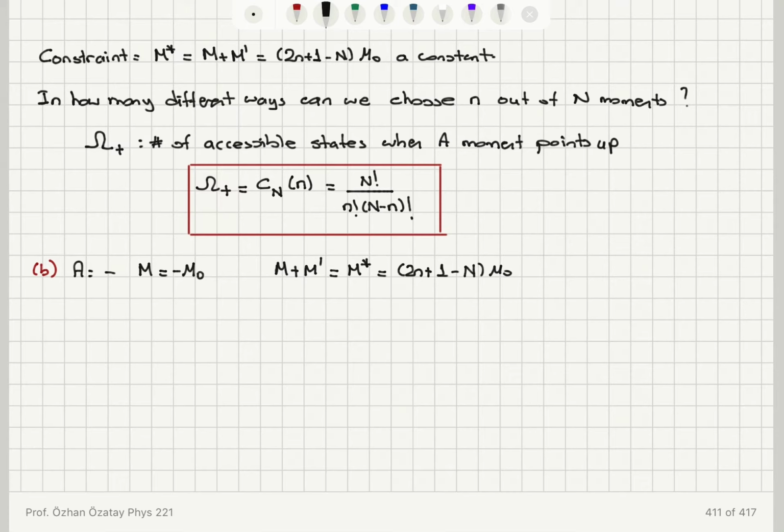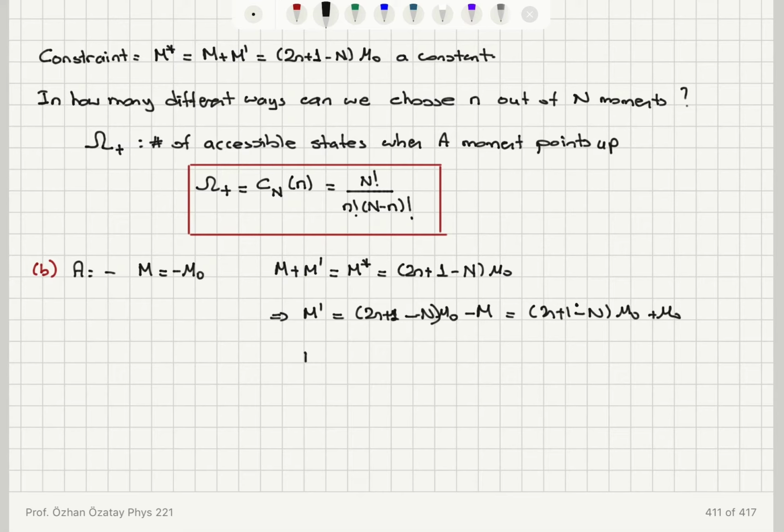So now I have M is equal to minus mu 0. So this will tell me that M prime is equal to (2n plus 1 minus N) mu 0 minus M, which is plus mu 0. So it will be (2n plus 1 minus capital N) mu 0 plus mu 0.